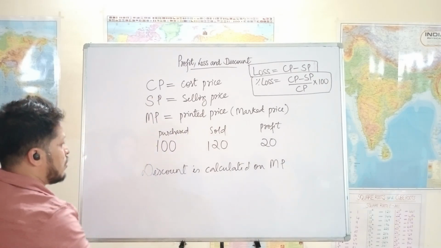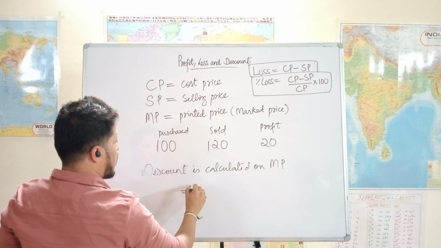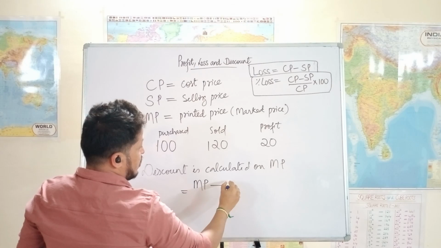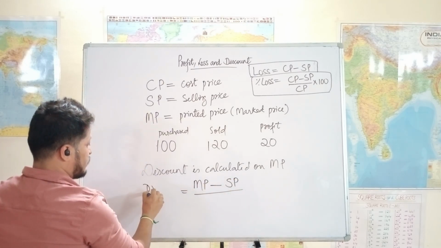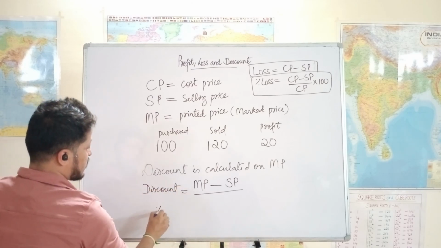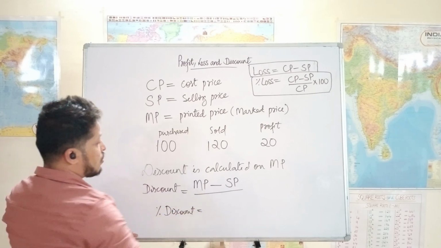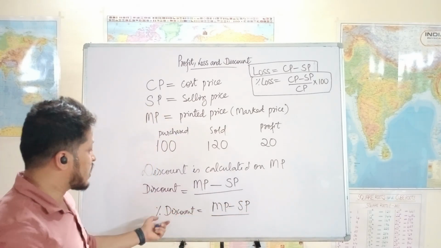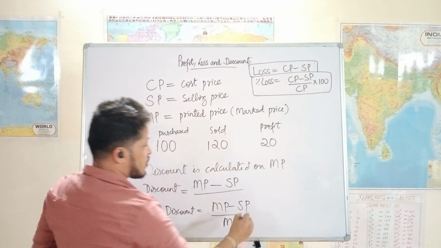So what is discount? When the selling price is less than the mark price, the difference is discount. So mark price is always high and you sell it at some lower price. Discount is equal to mark price minus selling price. But in terms of percentage, discount percentage is equal to mark price minus selling price divided by mark price, because it is calculated on mark price. For this much price, I got this much discount. So that is the comparison. Okay.